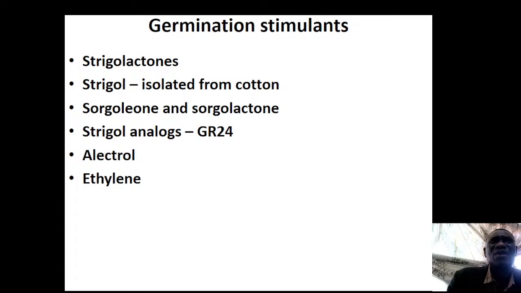We've got the GR24. Probably the idea was to try and form a herbicide which could be sprayed on these seeds so that they can be fooled and germinate in the absence of the host, causing them to die. We also have alectrol and ethylene. And as I have mentioned, these are just some of them.